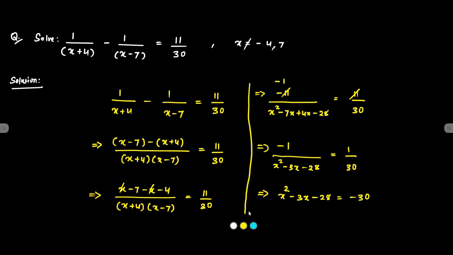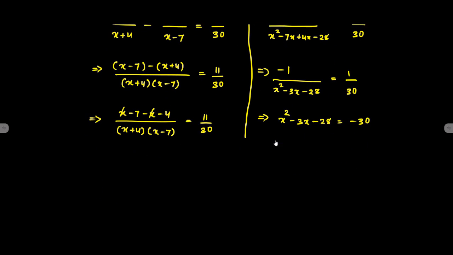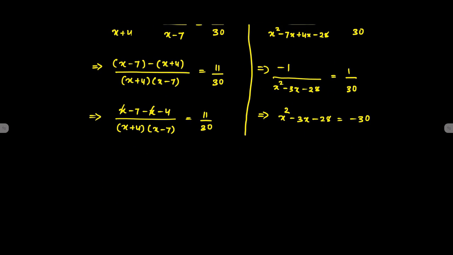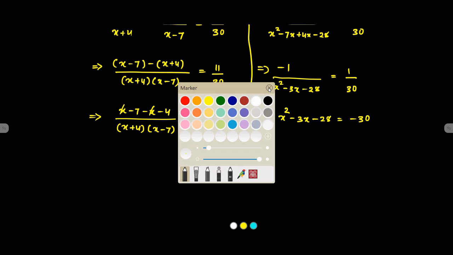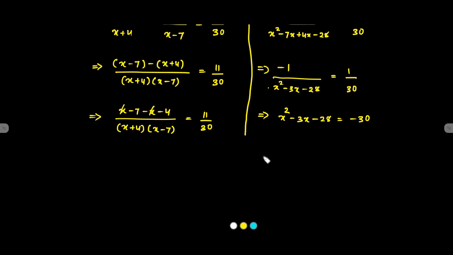That implies x square minus 3x minus 28 plus 30 is equal to 0.